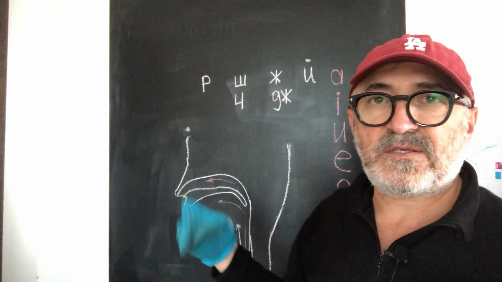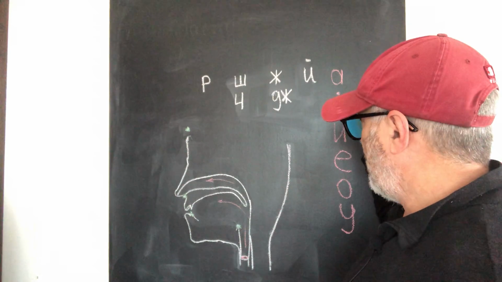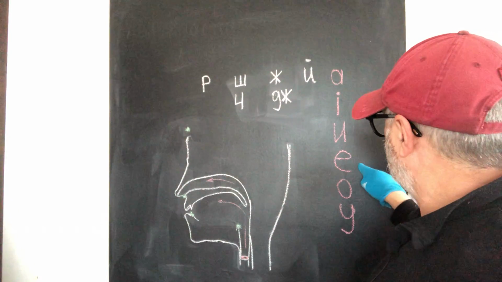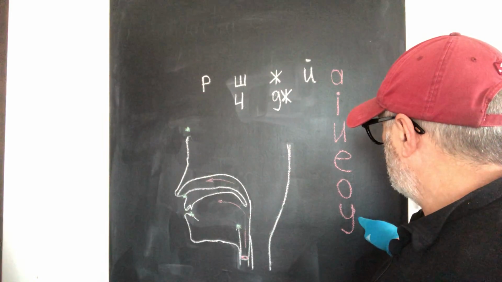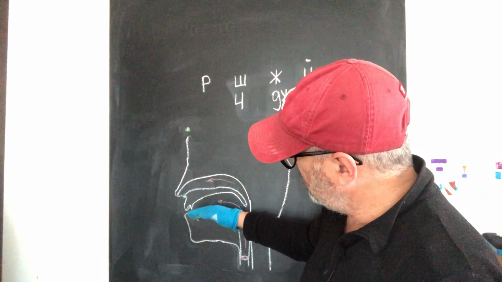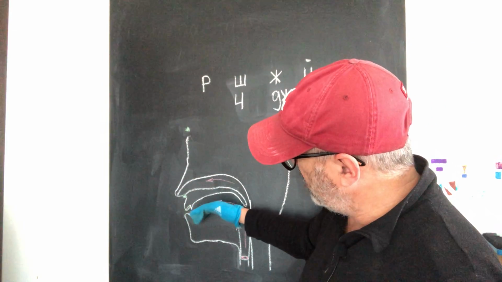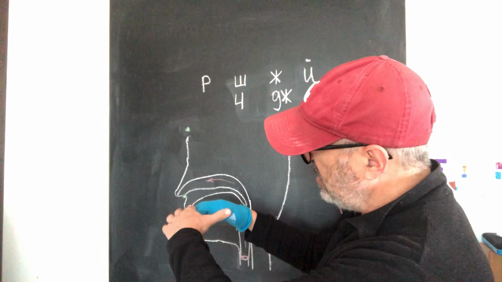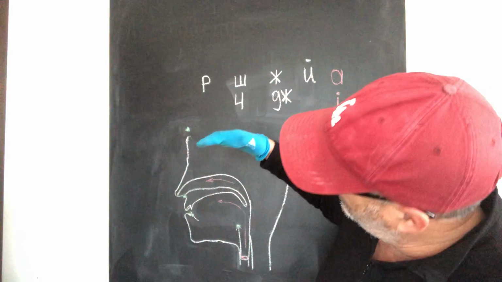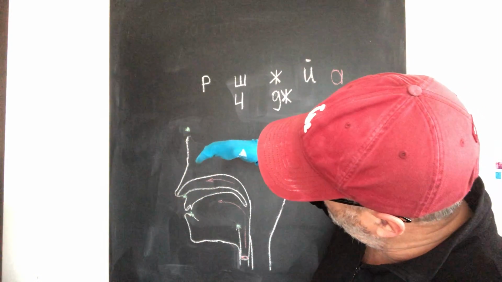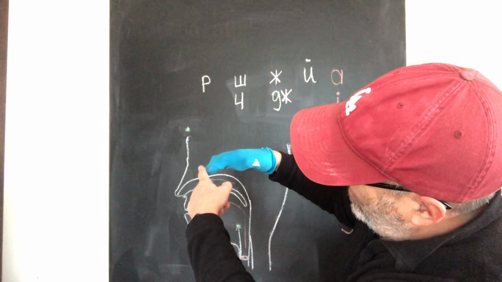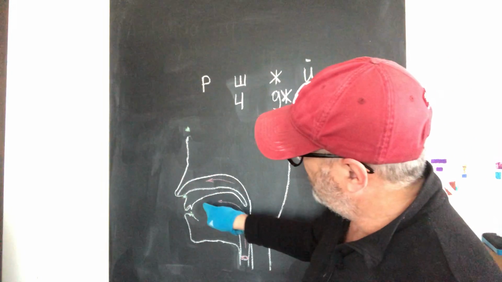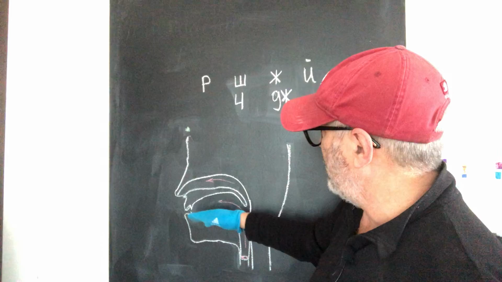Let's train it. Sha, she, she, sho, shu. Sometimes the tip of the tongue could pull a little bit back, because when it bends, it needs this part to be moved over to this place.